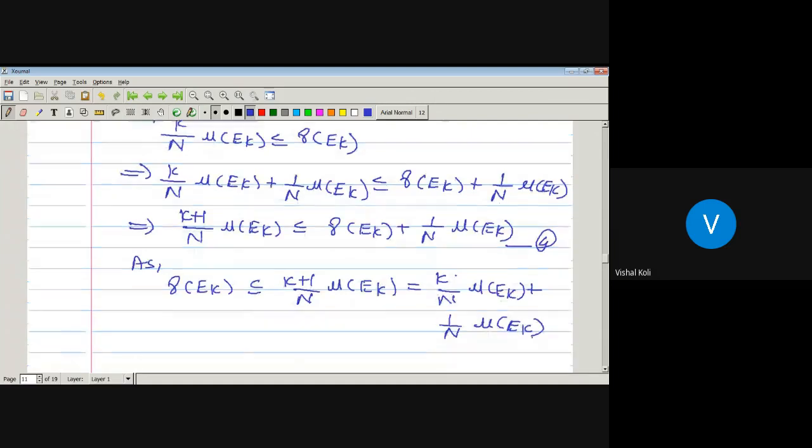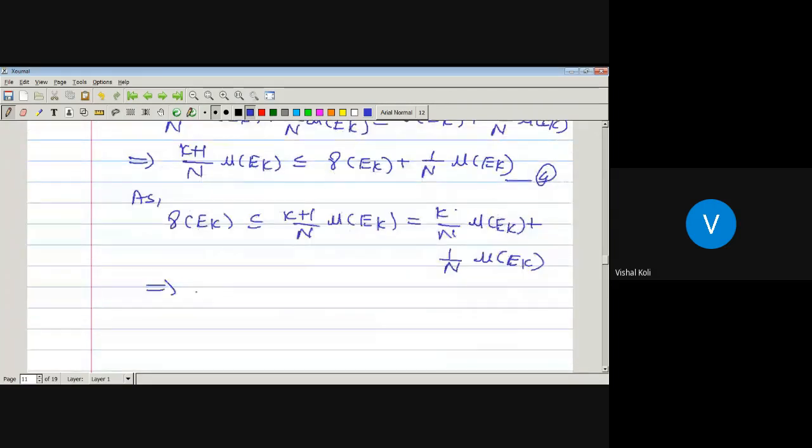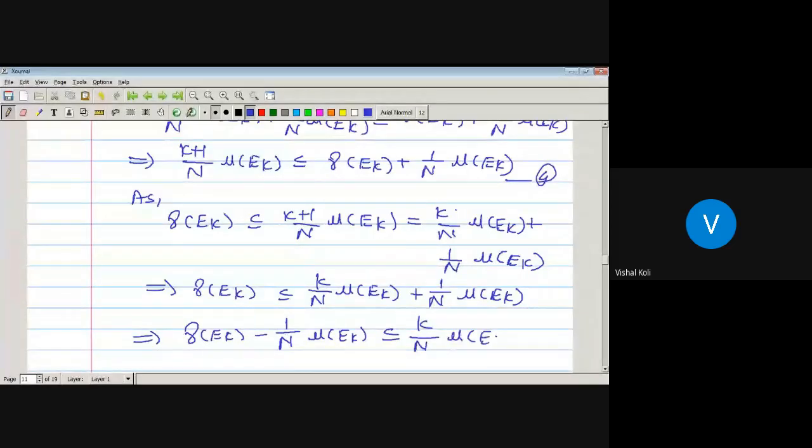So actually we get here gamma of E_k is less than or equal to k/n measure of E_k plus 1/n measure of E_k. Now just subtracting 1/n measure of E_k from both sides, we get gamma of E_k minus 1/n measure of E_k is less than or equal to k/n measure of E_k. Take this one as equation 5.